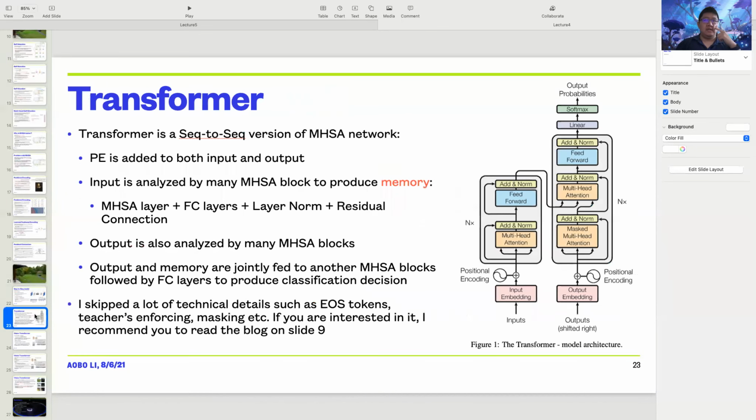It may be easier to visualize this from the transformer model idea. When you feed in both the input and output to jointly produce a vector, this vector is what we call the memory.